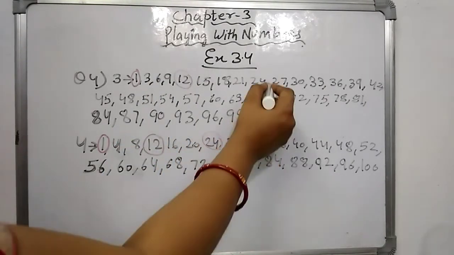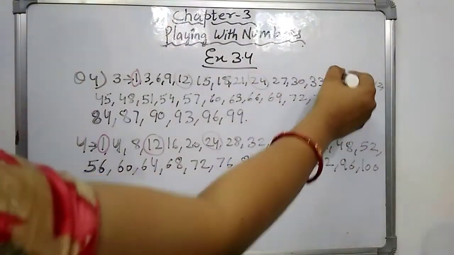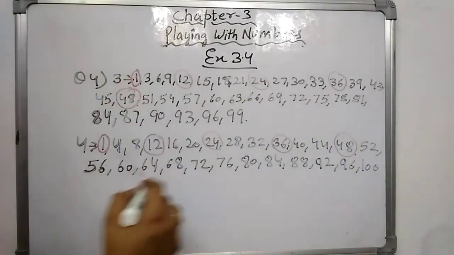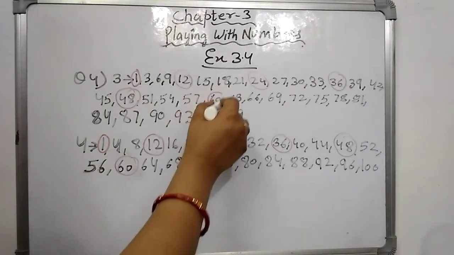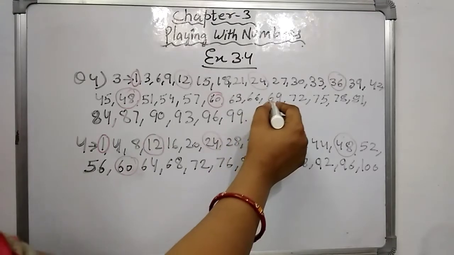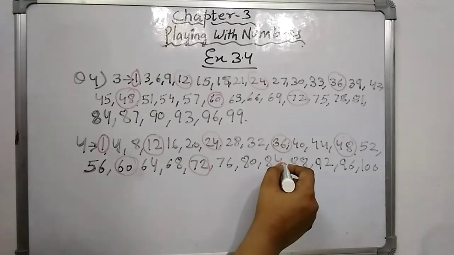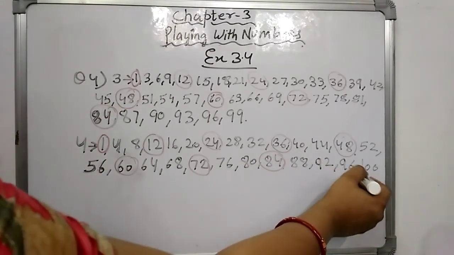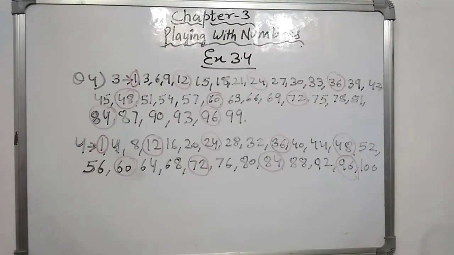Then we have 36, 48, 60, 72, 84, 96. These are common multiples of 3 and 4 which are less than 100.